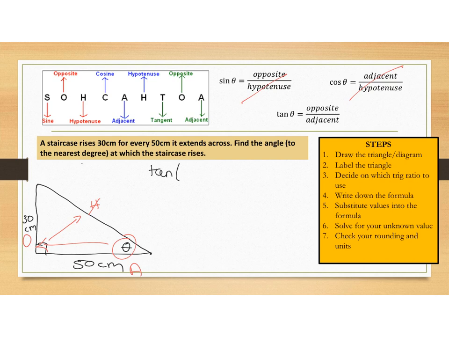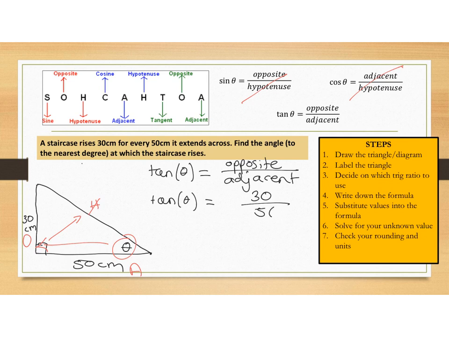So tan of theta equals opposite over adjacent. Substituting what we know, which in this case we're going to be finding that angle. So we've got our opposite is 30 over 50.